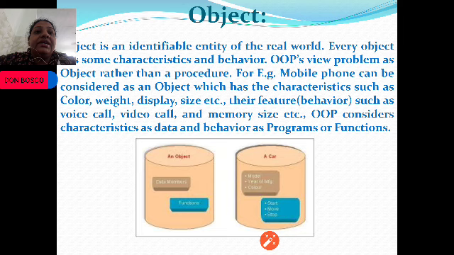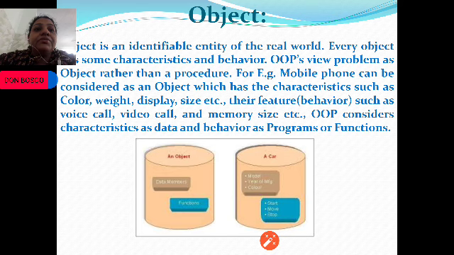Take the example of a student. The characteristics of a student are: the student has a name, father's name, mother's name, address, register number, combination, marks. These are some of the characteristics of a student object. Whereas if we consider an employee, an employee has a name, employee ID, department, salary. All these are some of the characteristics of an employee.